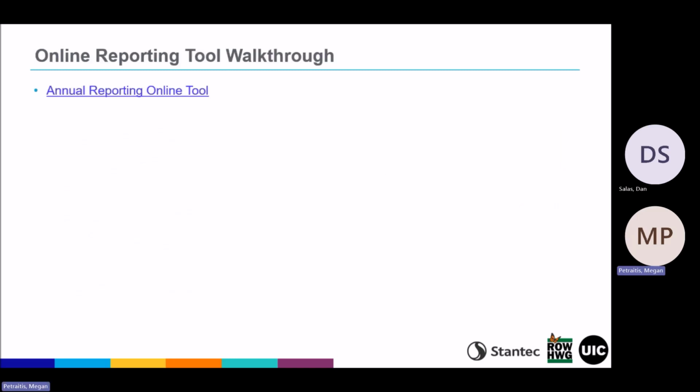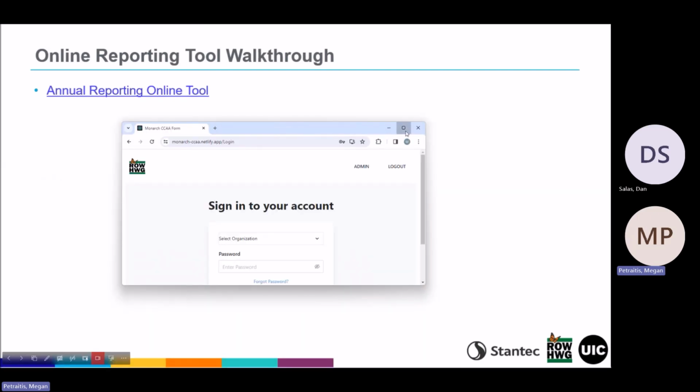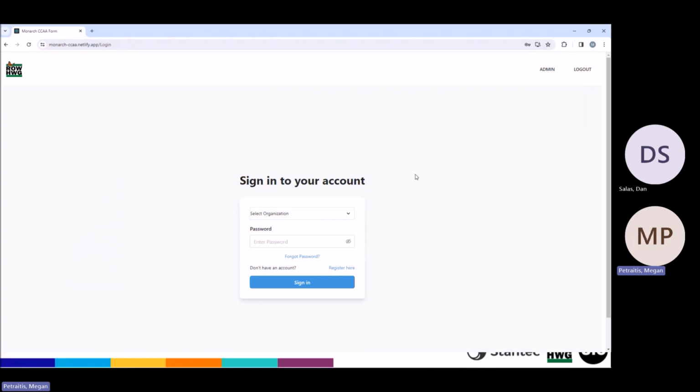As a last thing that we'll go over with you, I'll just demo what the tool itself for submitting your annual report looks like. One thing I do want to note is this is something that we update from year to year. So depending on when you are reviewing this training, it could vary slightly.